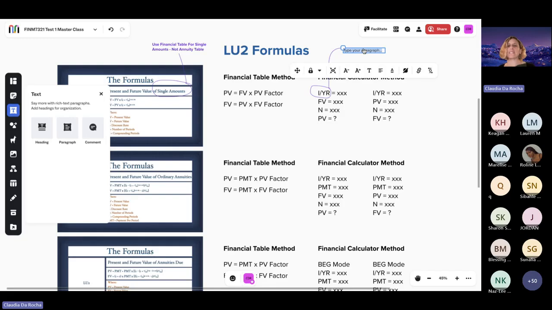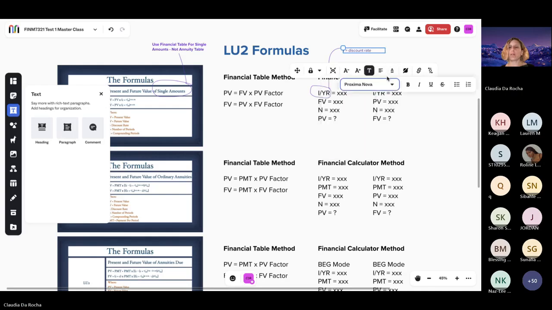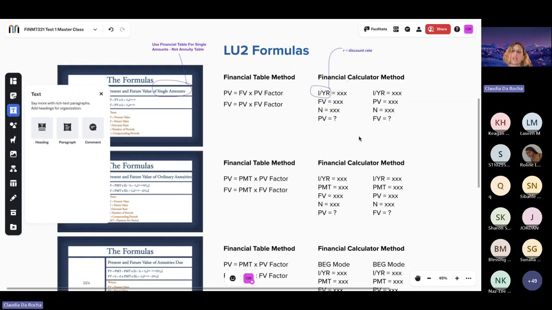I/year is basically interest per year. That is your R in your formula. So when you use a financial calculator, please don't forget to write down these elements.